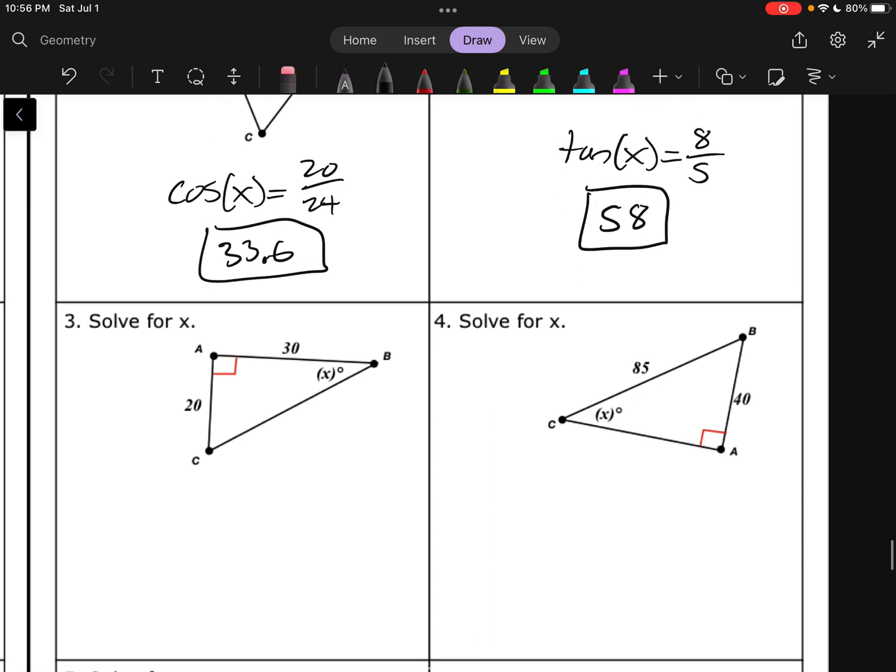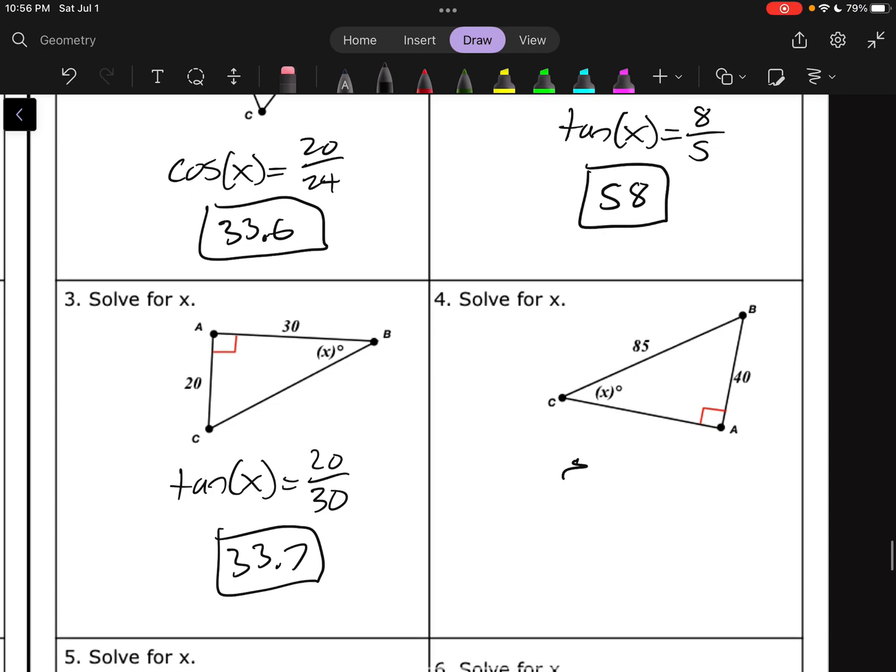For number 3, that's another tangent. Tangent of x is equal to 20 over 30. So changing that should give you 33.7. For number 4, that should have been a sine. Should have been sine of x is equal to 40 over 85.